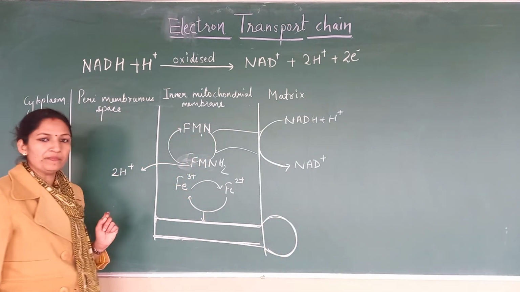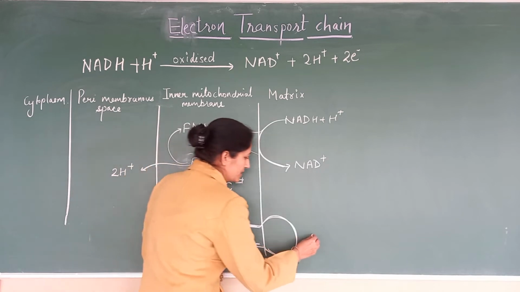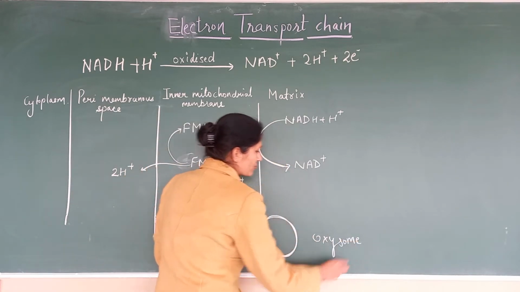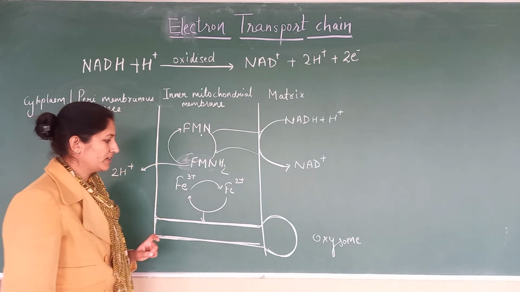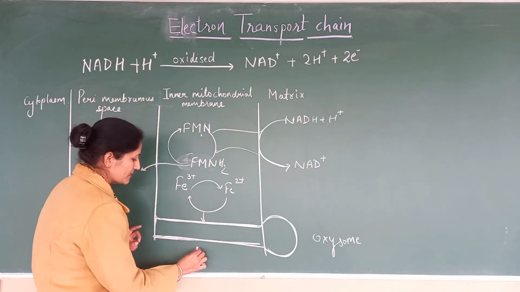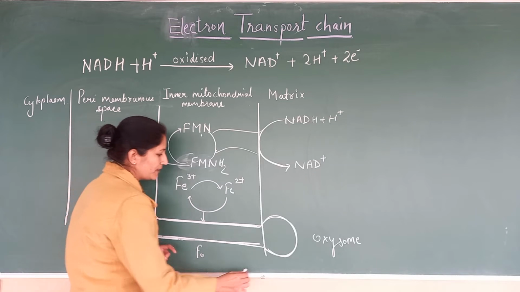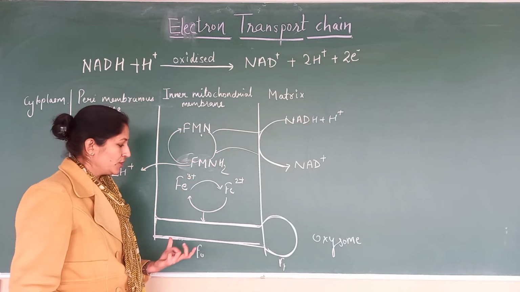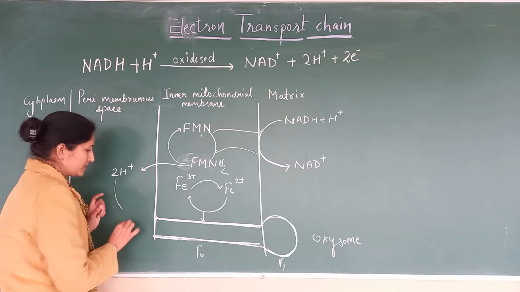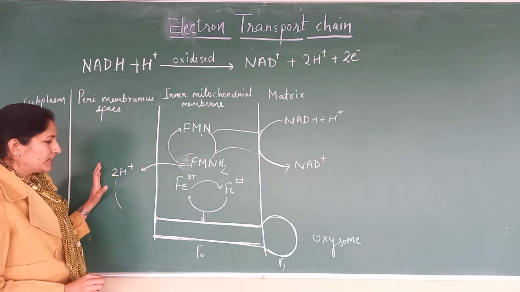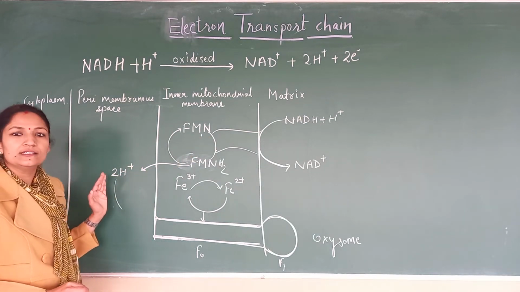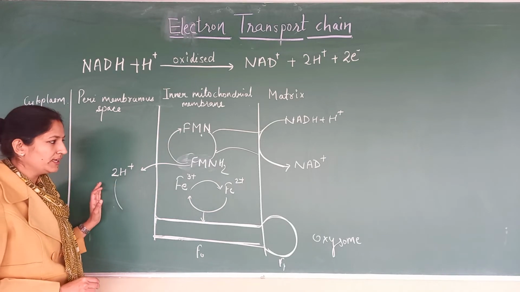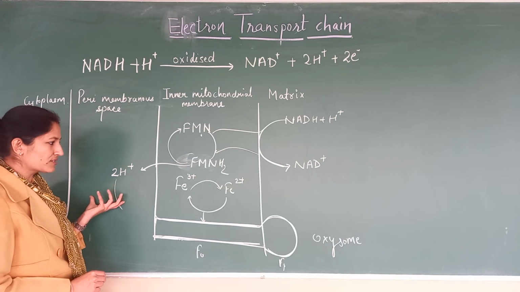These are the proton pumps. This is the oxysome, which is present in the inner mitochondrial membrane. This oxysome contains 2 parts, F0 particle and F1 particle. So on this particular side, the concentration gradient of proton is generated. It means over here there is higher concentration.